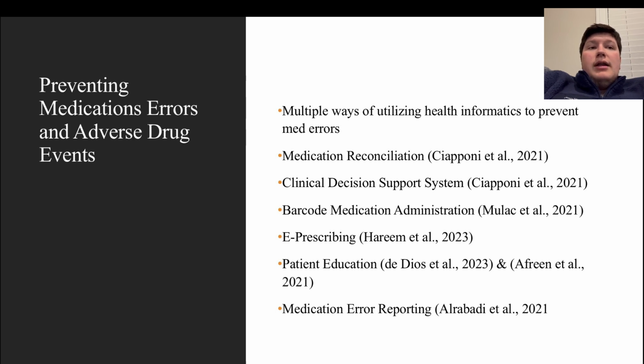So while it is effective when utilized properly, a lot of times errors occur because it's not used properly. Then there's e-prescribing. The use of electronic prescriptions has proven more reliable than paper-based methods, though barriers like technical difficulties and user acceptance still do exist.